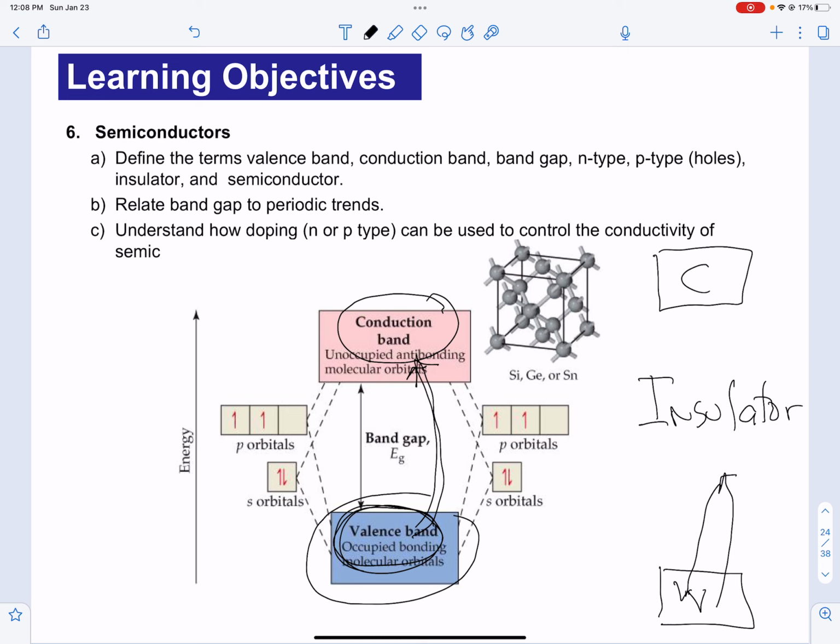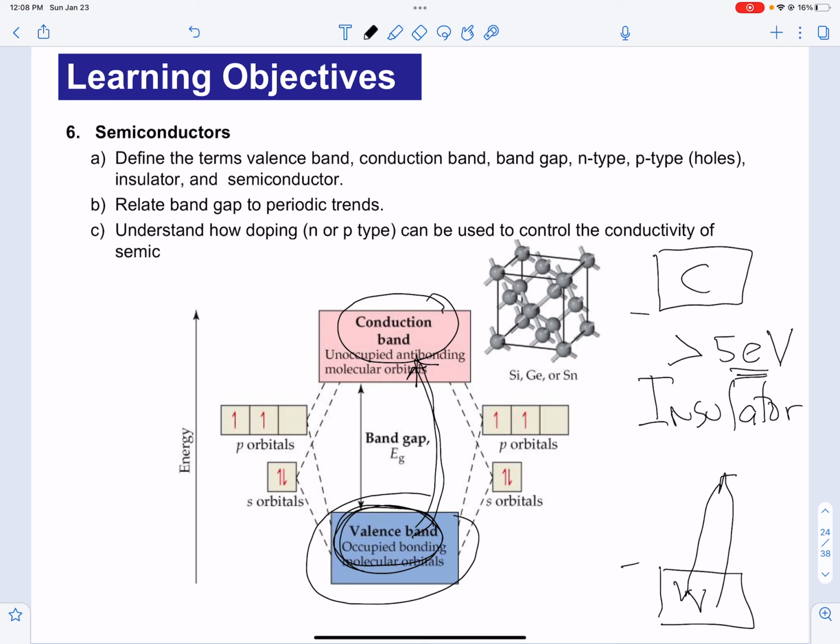Diamond is an excellent insulator. Plastic is an insulator, and so on. Usually, you're going to have an insulator when the energy difference between one and the other is bigger than 5 electrovolts. Anything around 5 electrovolts or bigger is going to be an insulator.